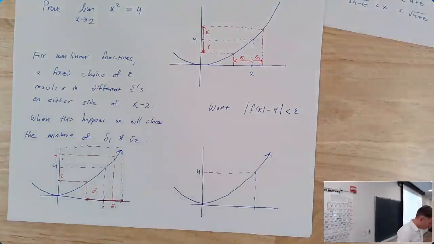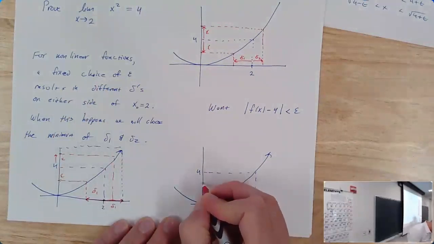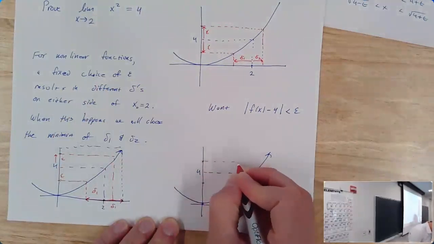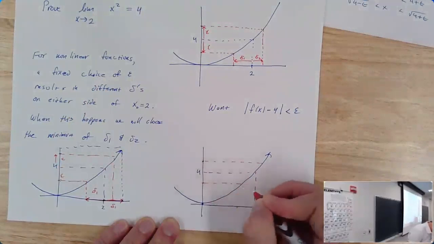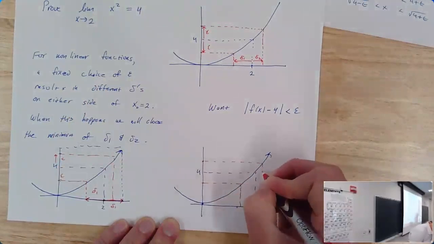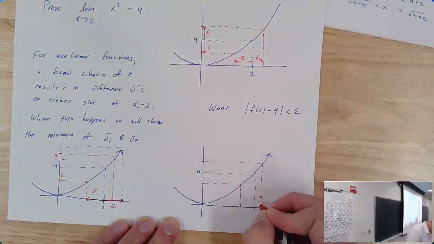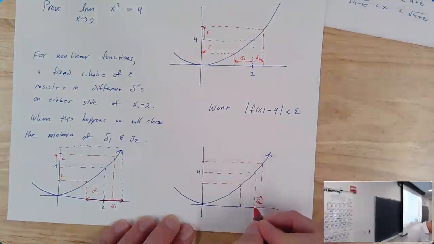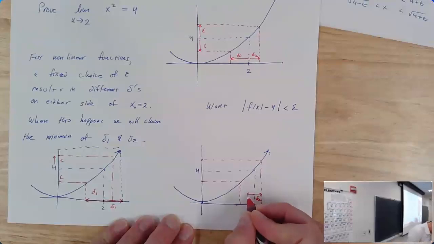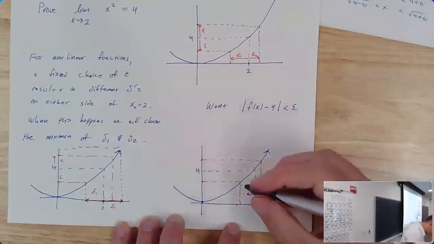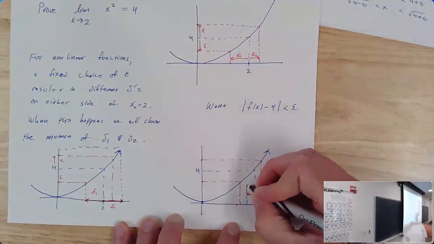On the other hand, if we pick the smaller delta value, so in this, which I'm calling delta 2, then we're only going to go that far to the left. And so we are definitely within the parameters that we need to be, right?